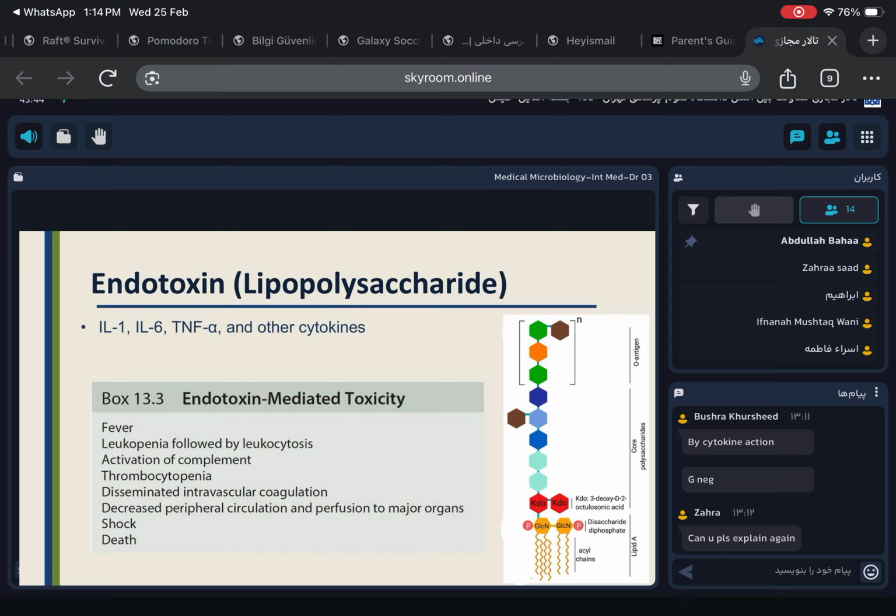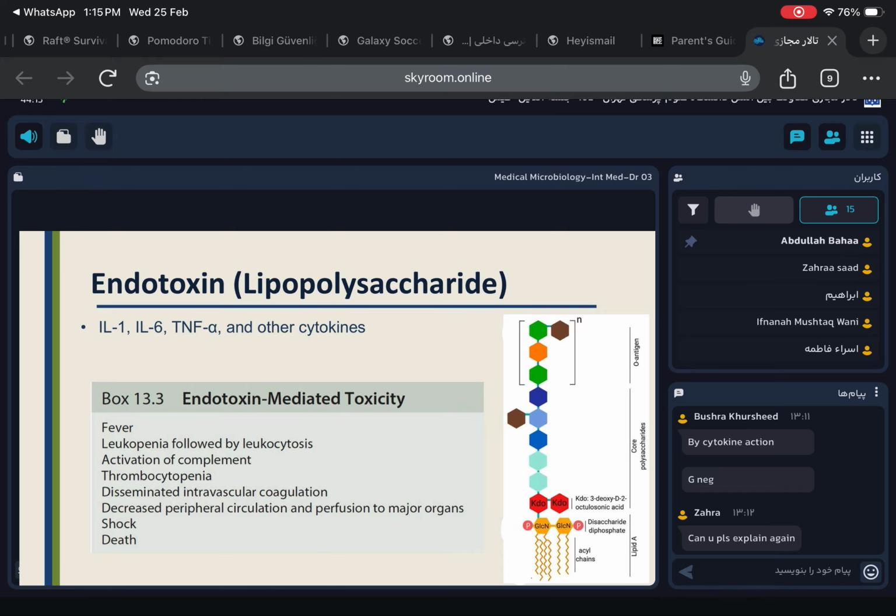When the concentration of endotoxin in the body is high, it can lead to the formation of small blood clots in blood vessels. And these blood clots interfere with the perfusion of organs. That's why disseminated intravascular coagulation, or DIC, is very dangerous.